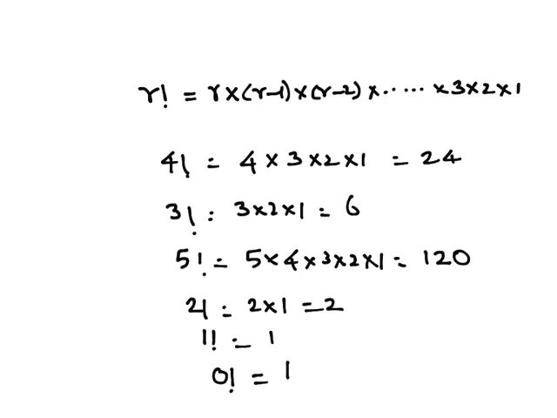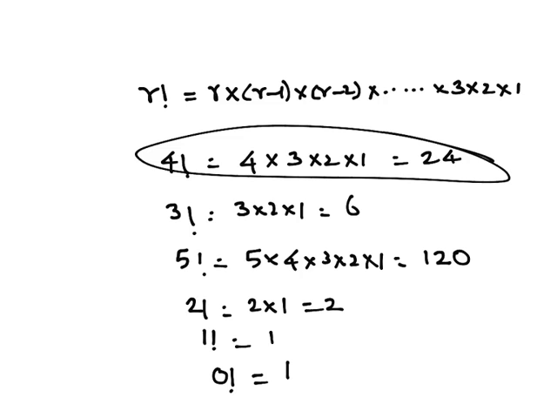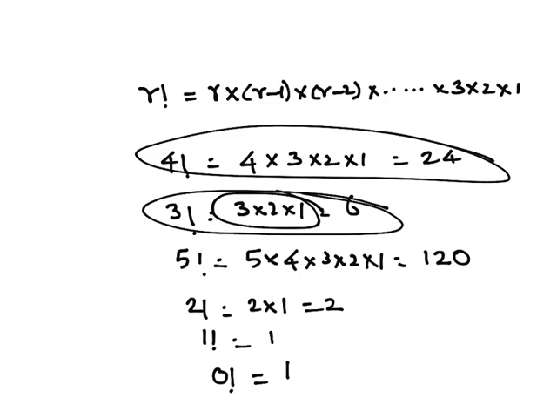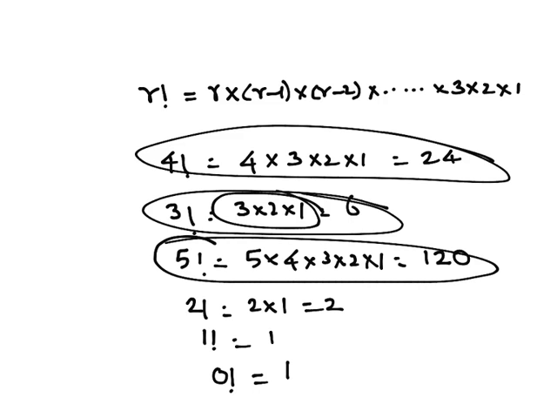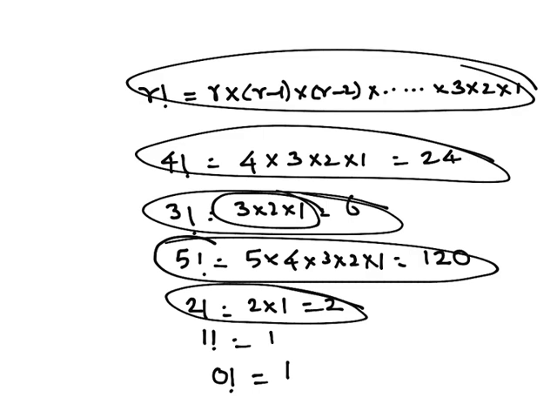Now from this, what we understand is 4 factorial means the product of the first 4 natural numbers. 3 factorial means the product of the first 3 natural numbers. 5 factorial means the product of the first 5 natural numbers. 2 factorial, the product of the first 2 natural numbers. So R factorial means the product of the first R natural numbers. Now this R has to be a whole number.